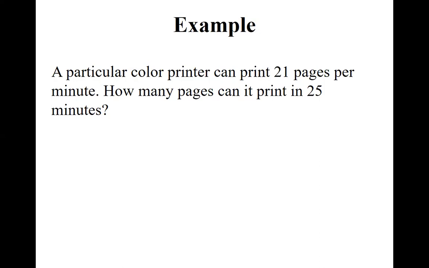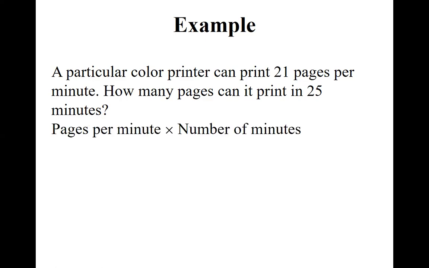A particular color printer can print 21 pages per minute. How many pages can it print in 25 minutes? In other words, 21 pages 25 times, the pages per minute times the number of minutes. 21 times 25.